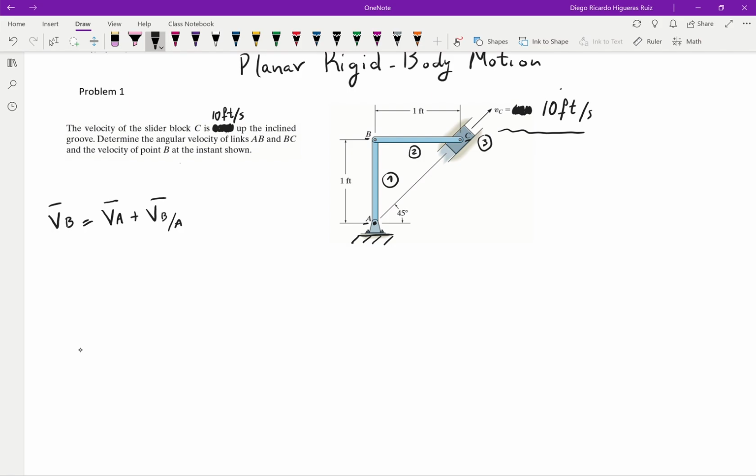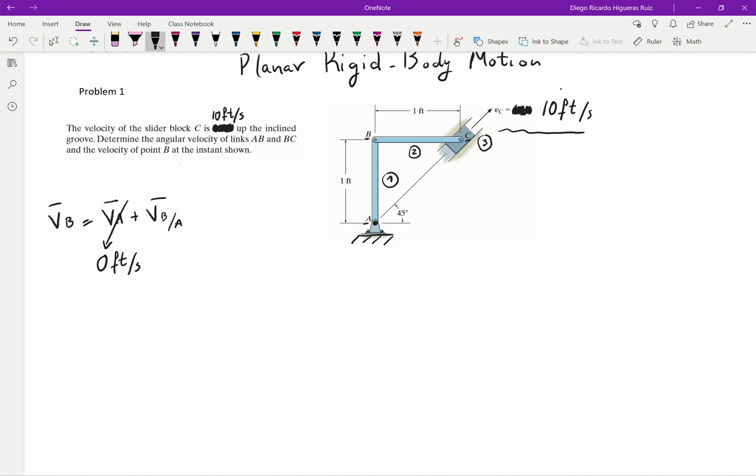Element 1 is going to rotate about point A, but point A is not going to move. The element is not going to just move from here to here. That's not going to happen. So the velocity of point A is equal to 0 feet per second.